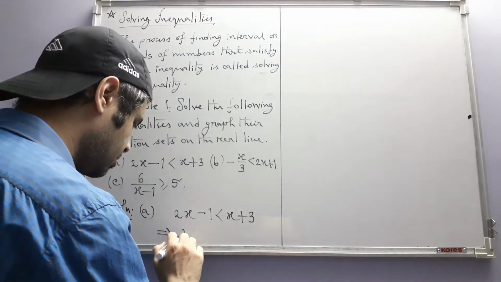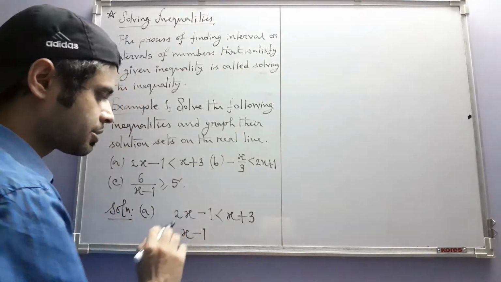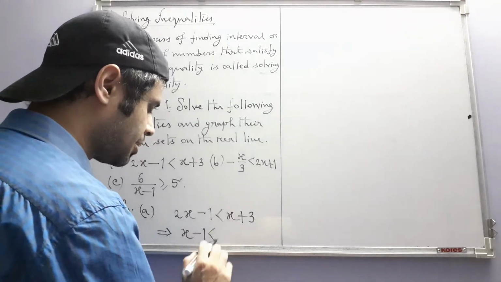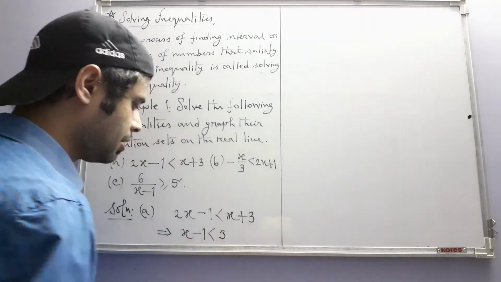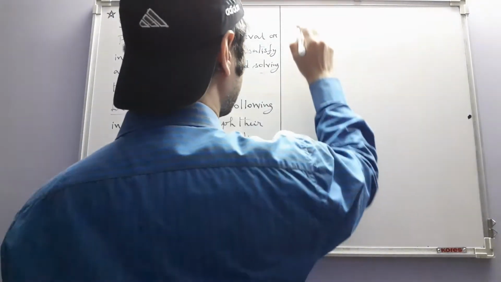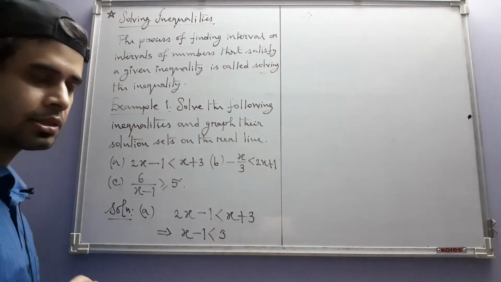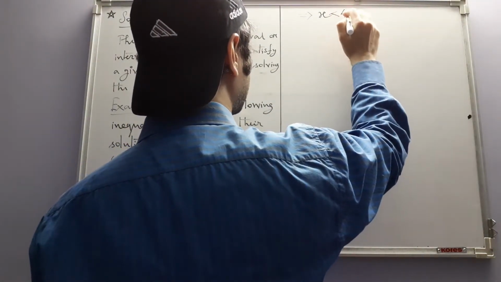Doing that, on the left hand side you will have x minus 1, because 2x minus x will be x. On the right hand side, x minus x will cancel out and we will have 3, and then adding 1 to both sides we get x less than 4.